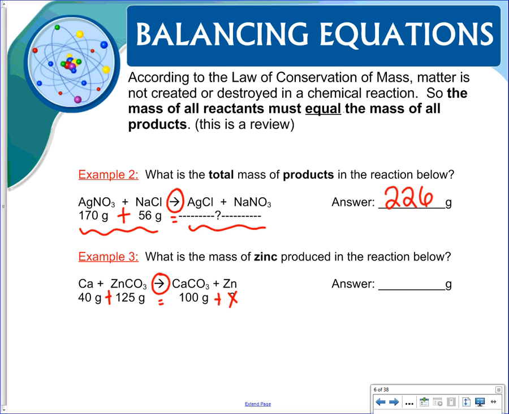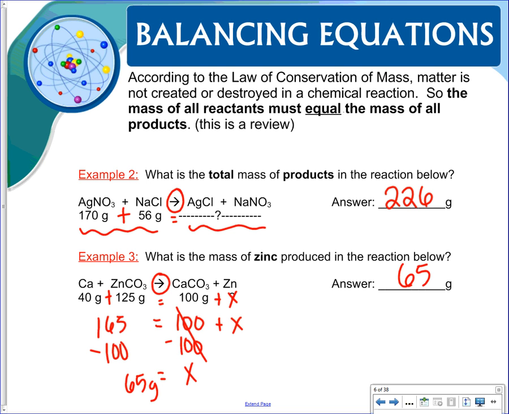Okay, so I'm going to go ahead and simplify. 40 plus 125 is 165, which equals 100 plus x. If I subtract 100 from each side, then zinc must be 65 grams. Okay, pretty easy.